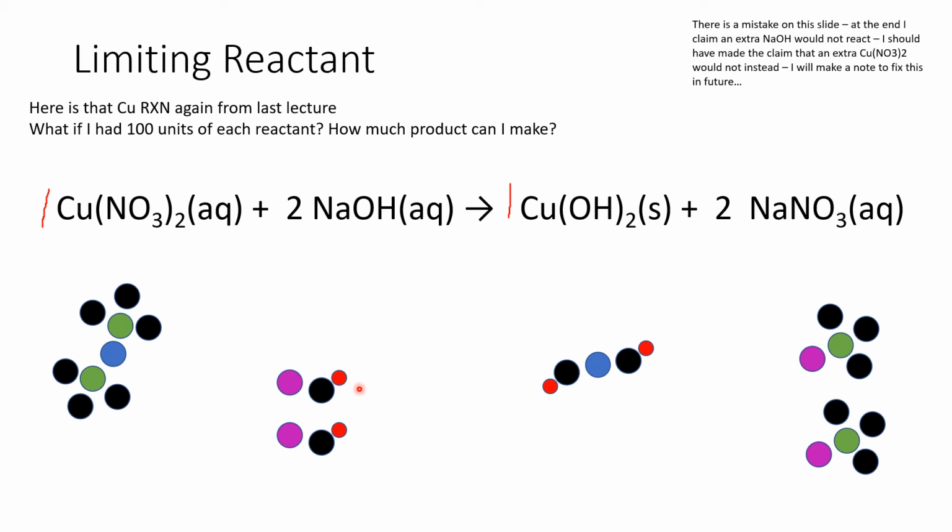Well, now, if I have 100 of these to use, and I have 100 of these to use, I'm using up 1 of these at a time, but I'm using up 2 of these at a time. So even though I've got 100 units of the sodium hydroxide, I only get to do 50 cycles of the reaction because each cycle is going to use 2 sodium hydroxides.